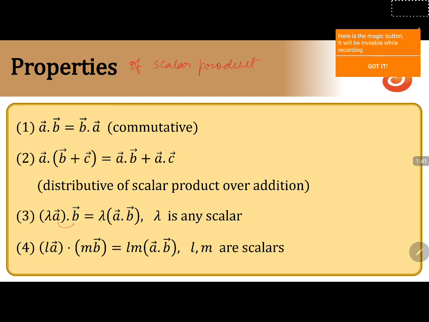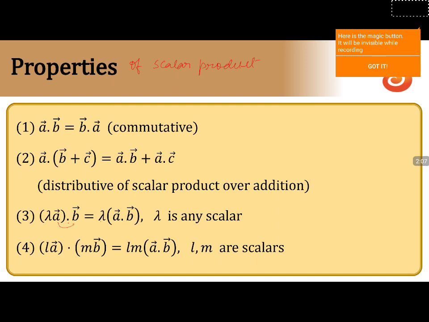So the value remains the same. Lambda A dot B is nothing but the value you get by taking the dot product between A and B multiplied by lambda. Both values remain the same. So here, (lambda A) dot B is equal to lambda times (A dot B).